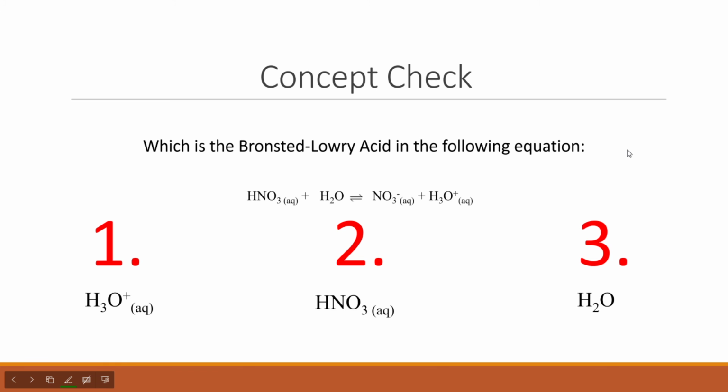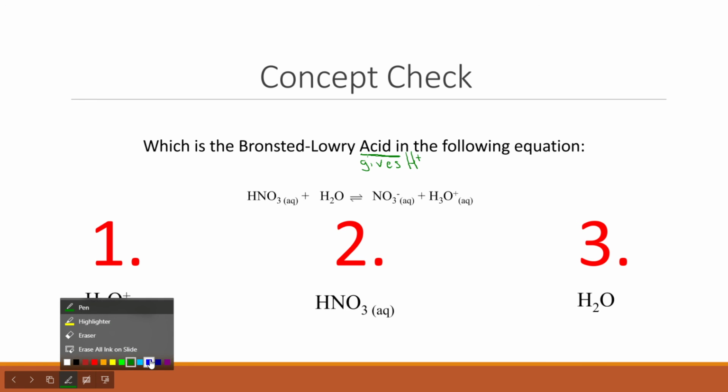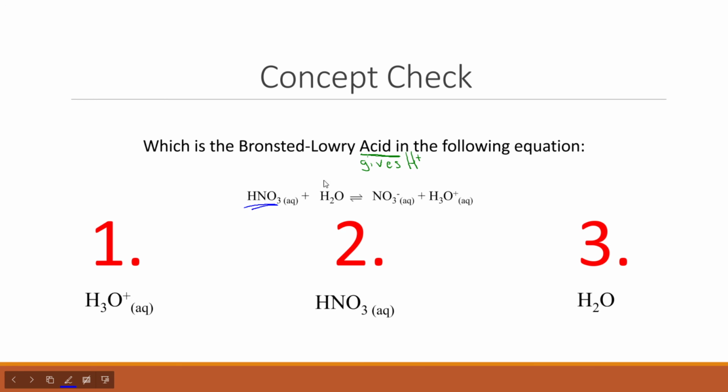When we're looking at this, we want to know which one is the acid. We know that an acid is the thing that gives H+. So we want to see which one of these things has given the H+. So we're looking from left to right. I'll use blue to start with for this one. All right, we have HNO3. On the other side, it has become NO3-.